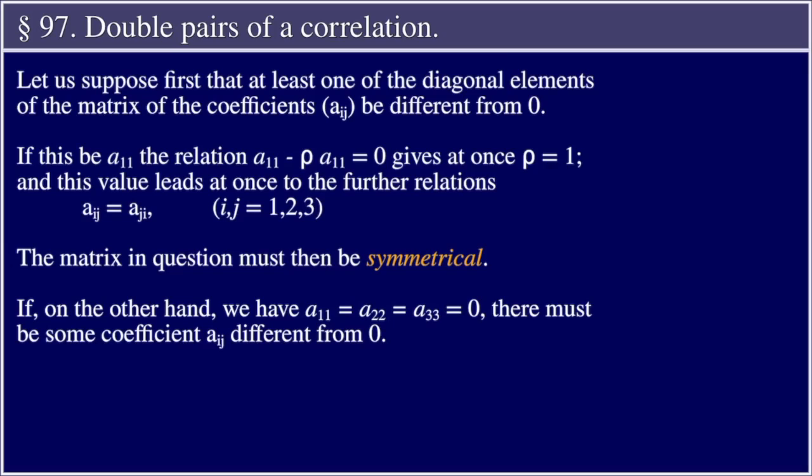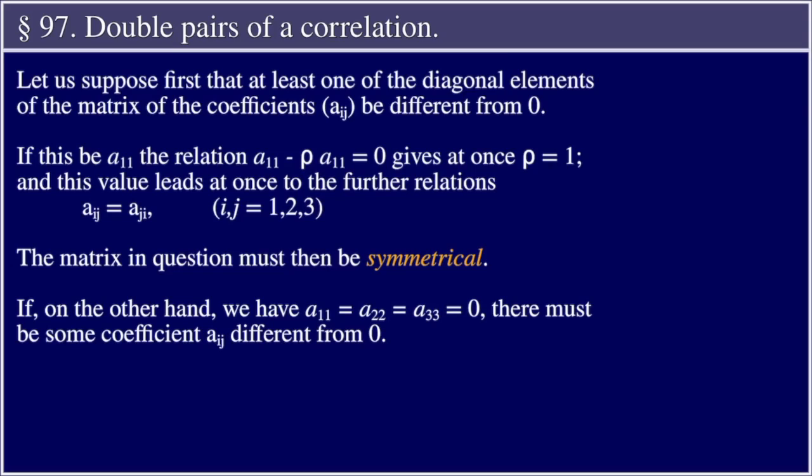Let us suppose first that at least one of the diagonal elements of the matrix of the coefficients aij be different from 0. If this be a11, the relation a11 − ρa11 = 0 gives at once ρ = 1, and this value leads at once to the further relations aij = aji for i, j equal to 1, 2, 3. The matrix in question must be symmetrical.